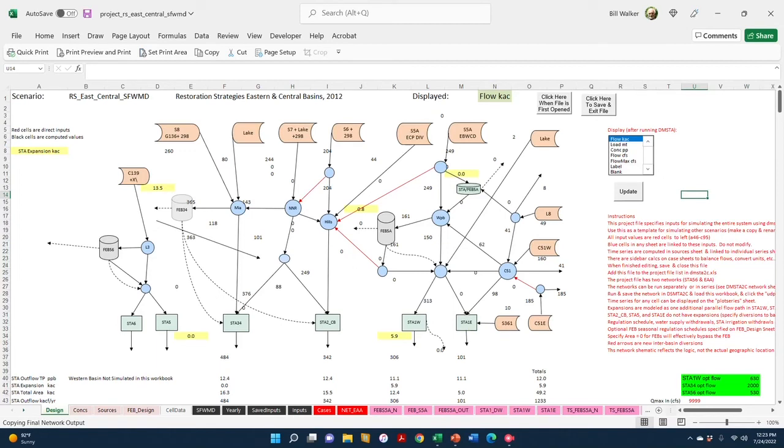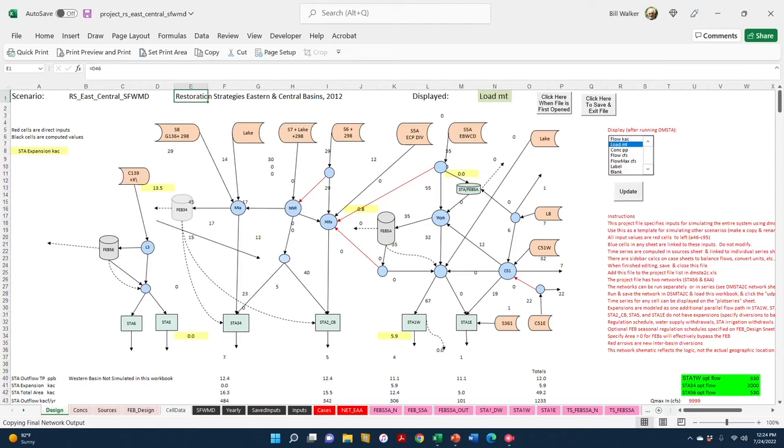We don't need DMSTA. All right, so this is the input screen for restoration strategies, eastern and central basins. After you run the network in DMSTA, you pull this up and click here and it will load up the output from that run.